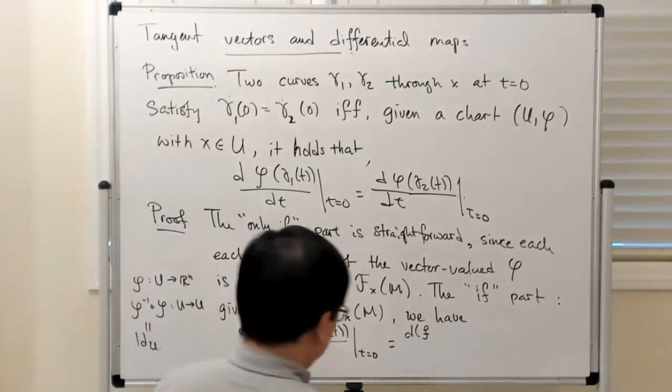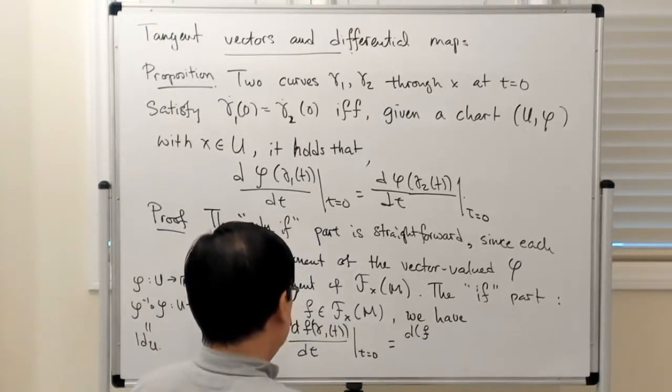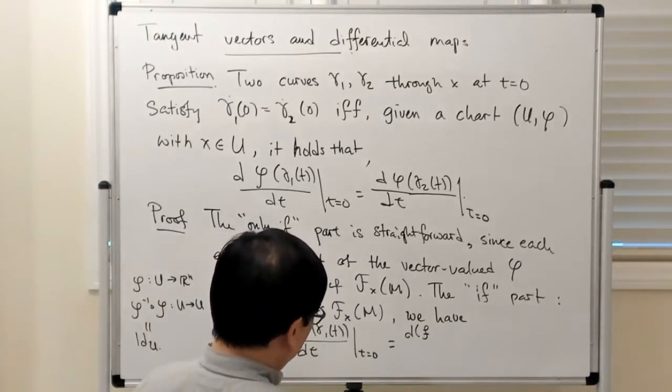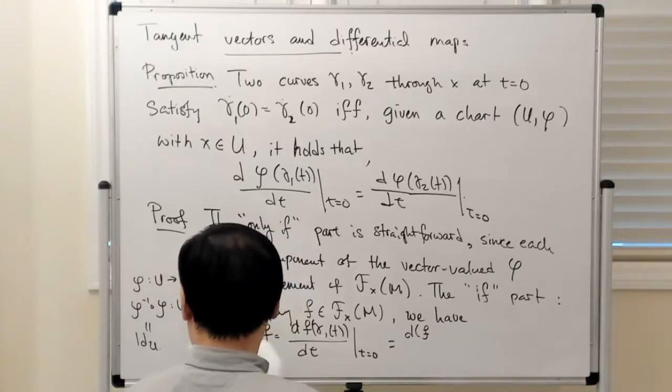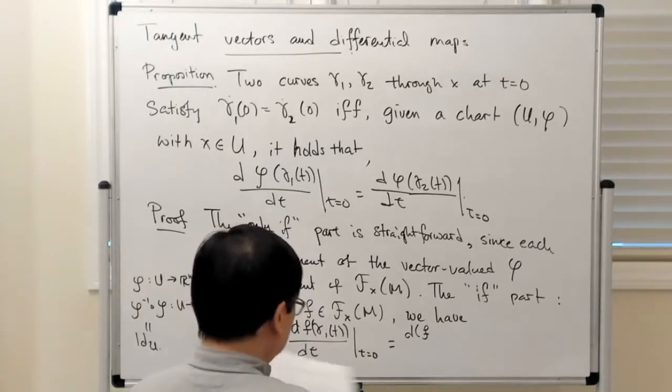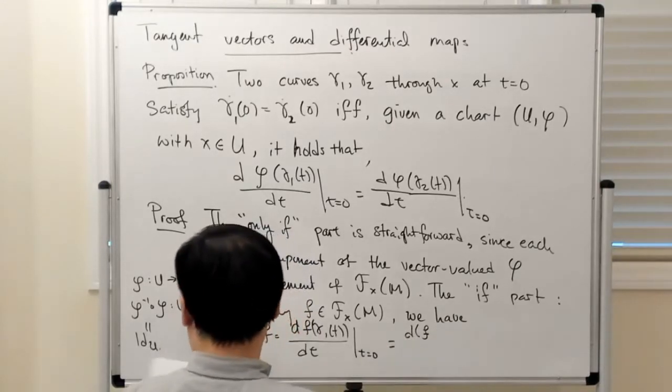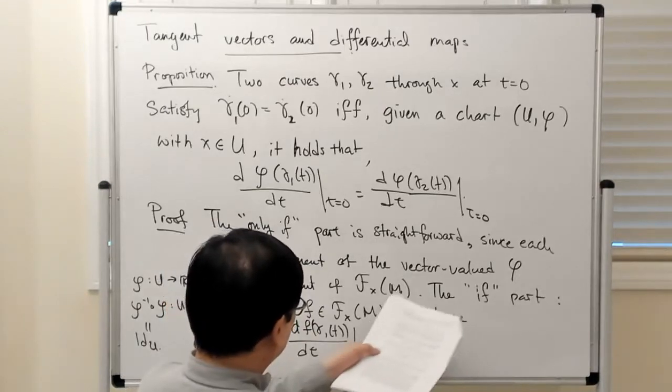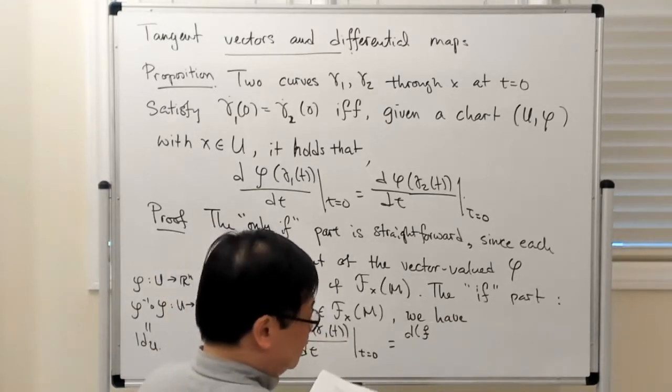And f is just defined on the neighborhood, so it doesn't hurt to just have it on the intersection of U with the neighborhood on which f is defined.